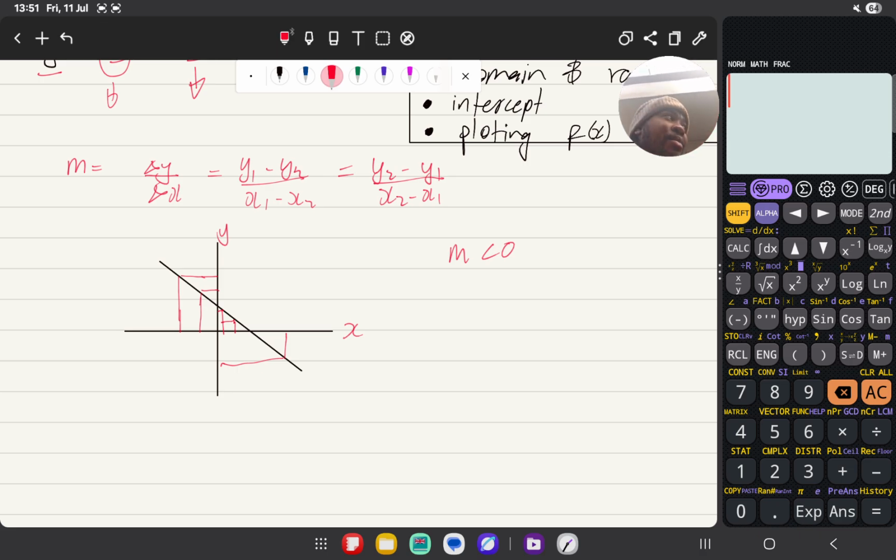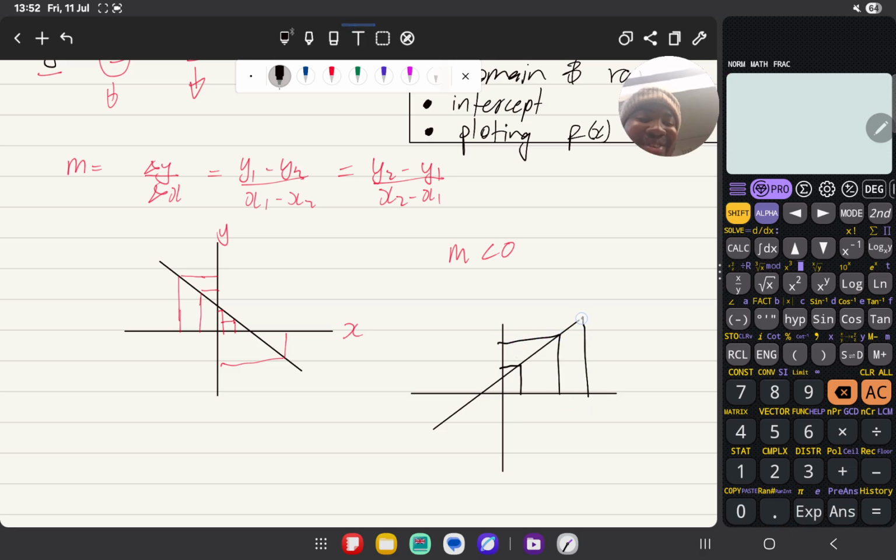That's the relationship. But if you have a positive gradient, you have something like this, right? And here you will see that as we increase the x value, the y value increases. We increase the x values, y value increases. We decrease the x value, the y value also decreases.